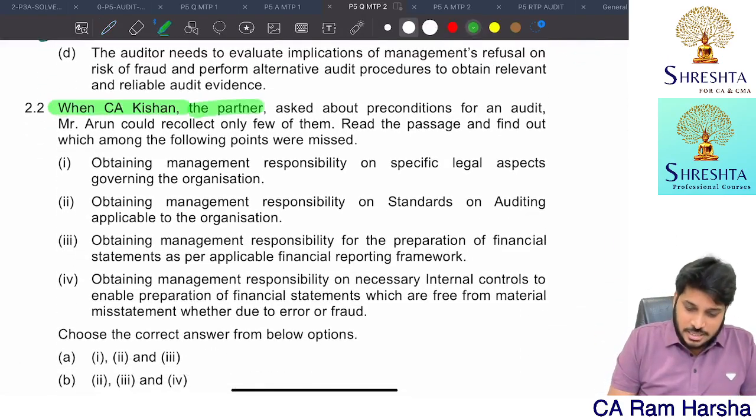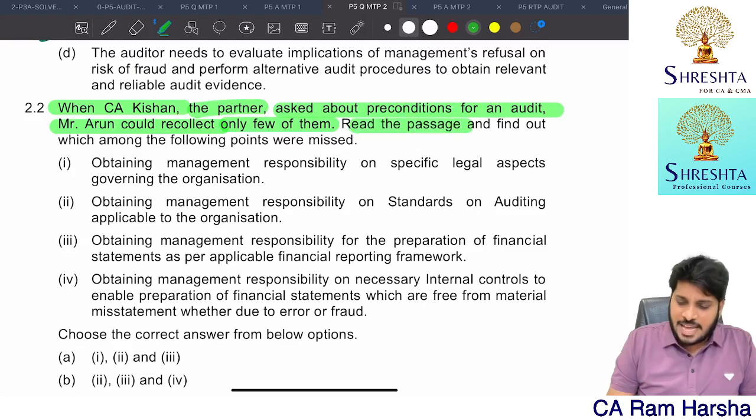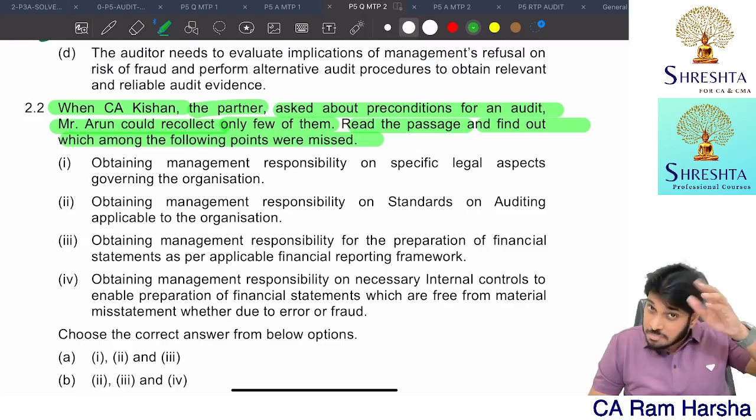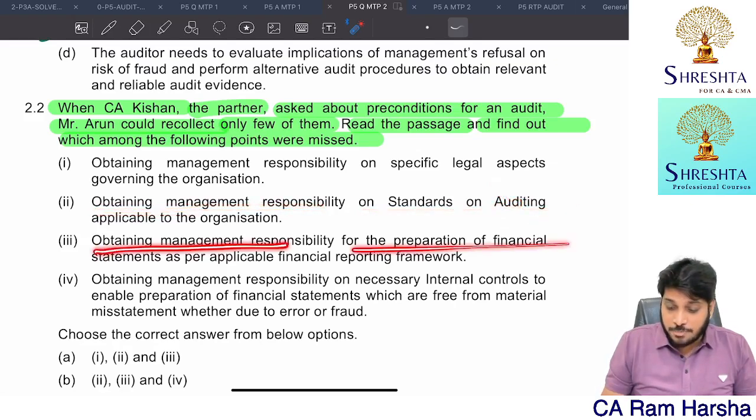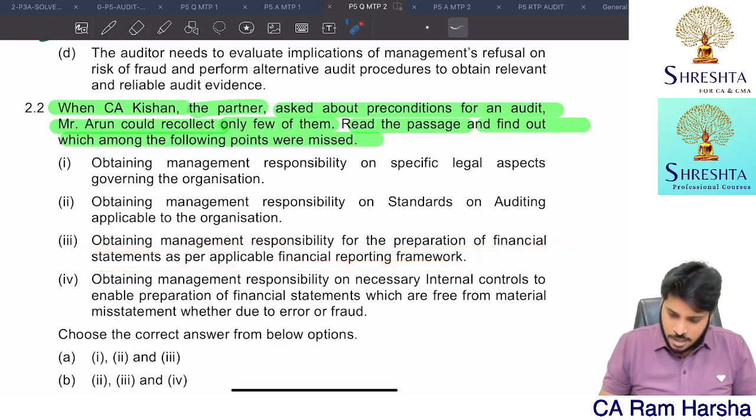When CA Kishan, the partner, asked about preconditions for an audit, Mr. Arun could recollect only a few of them. Read the passage once again and find out which of the following points were missed. Obtaining management responsibility on specific legal aspects, that is not required. Obtaining management responsibility on standards, not required. Obtaining management responsibility for preparation of financial statements as per the applicable financial reporting framework, that is correct, but that is already said.